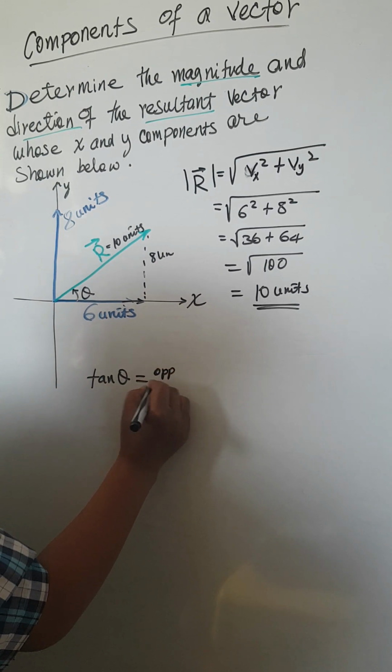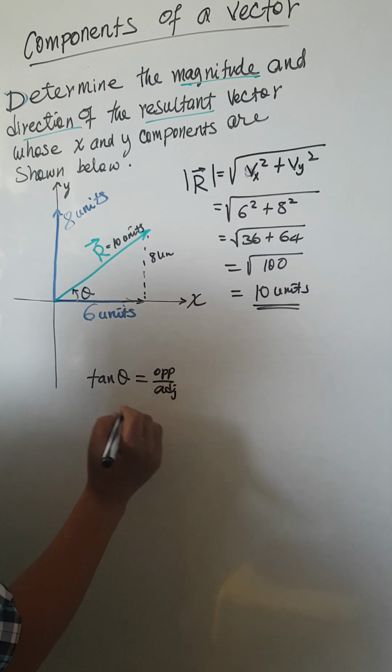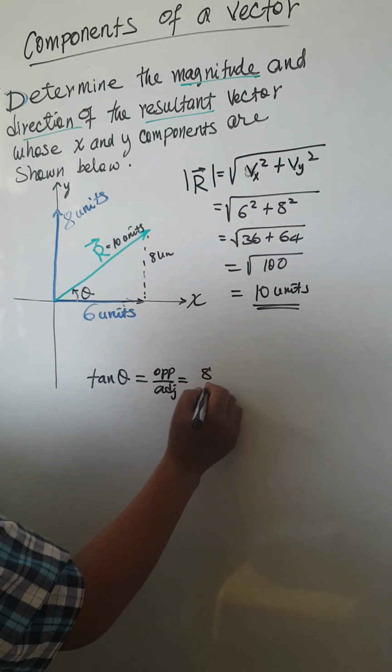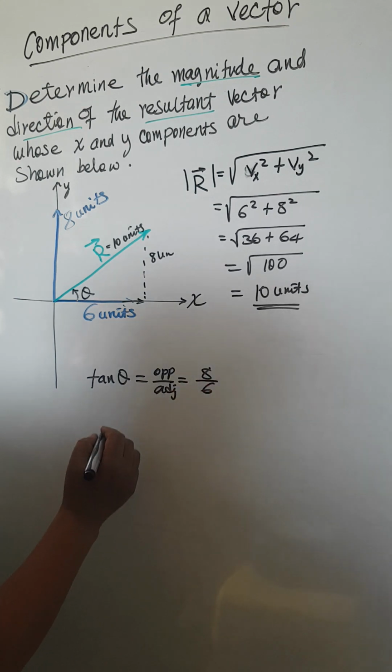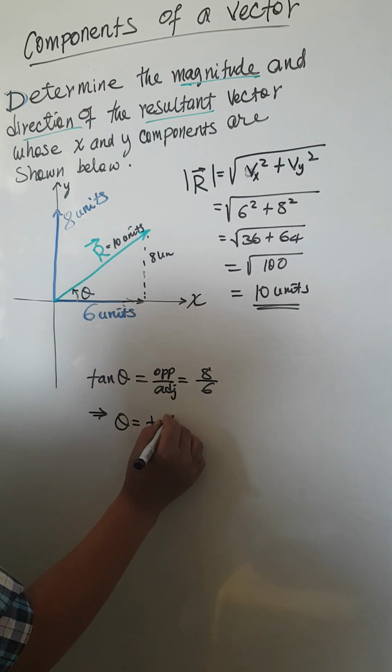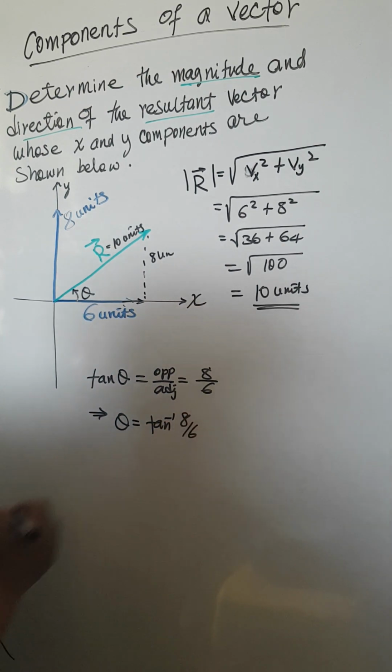Now tangent of theta is equal to opposite over adjacent. The opposite is 8 and the adjacent is 6. So this implies theta is equal to tan inverse of 8 over 6.